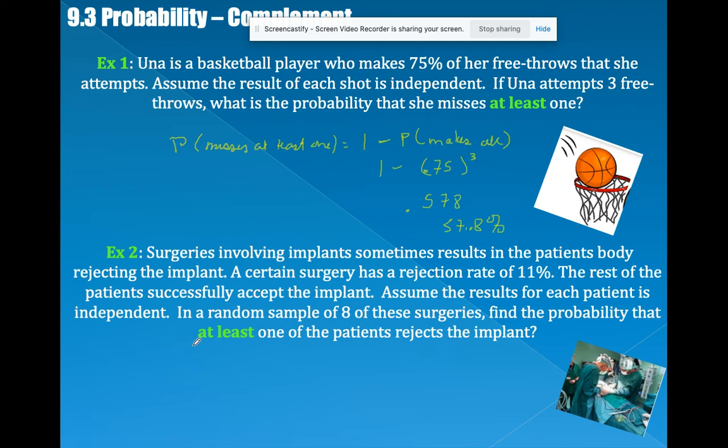So if the rejection rate is 11%, what is the success rate? If you know 11% is failing or rejection, then what is true? So the probability that you reject is all the probabilities minus the probability of the successful.